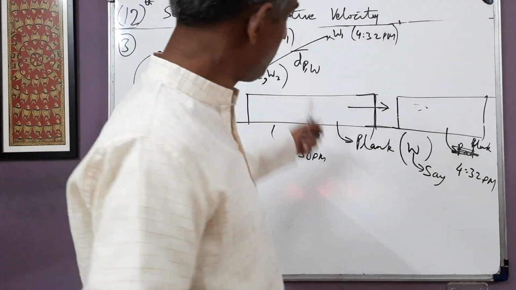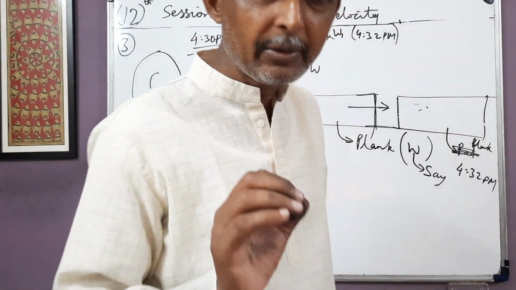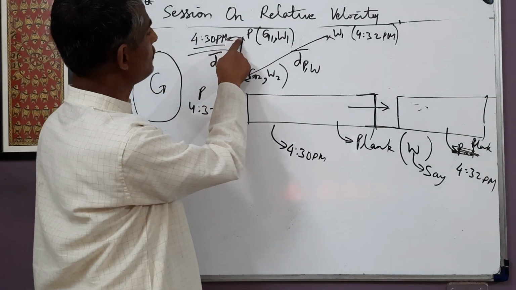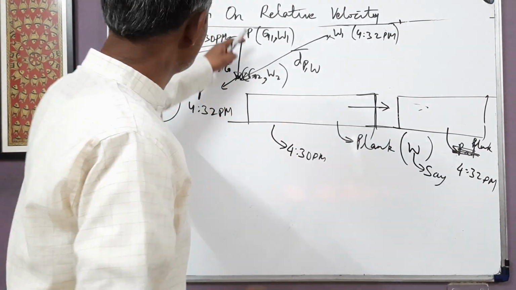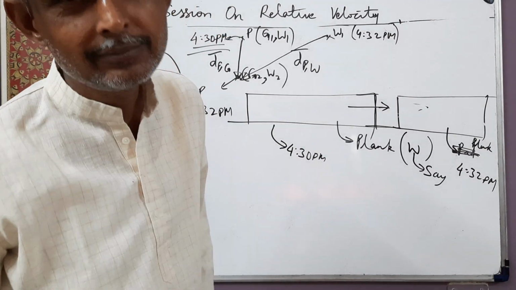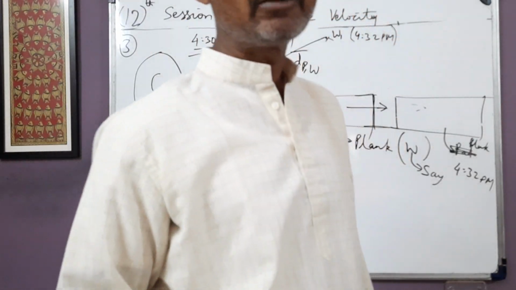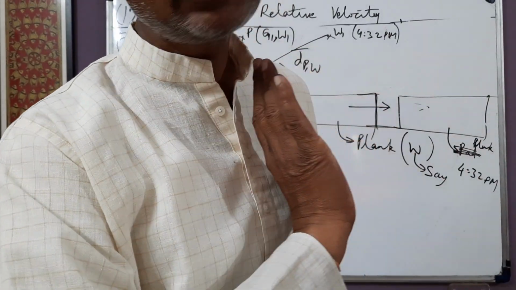Is it clear? If you don't know this definition of reference frame, that W1 is rigidly connected to the Planck, so if the Planck moves rightward, W1 also moves rightward. If you don't know this, then at 4:32 p.m. also you will say that W1 is at the same location as it was at 4:30 p.m. Then you will say that the displacement of P in ground frame and Planck frame both are the same. That's a mistake. Even though you have carried out all the calculation, when it comes to explaining the basics, you are again back to the same mistake.